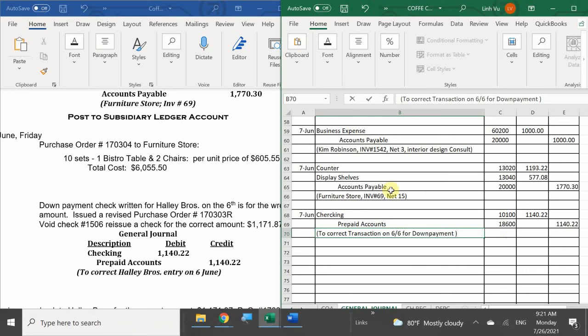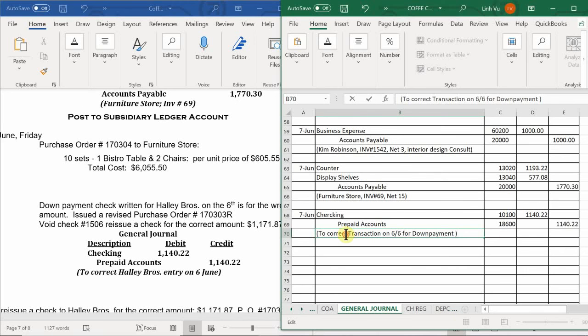Actually, you could put to reverse. I think that would be better. To reverse transaction on June 6th. Okay. For down payment. All right.